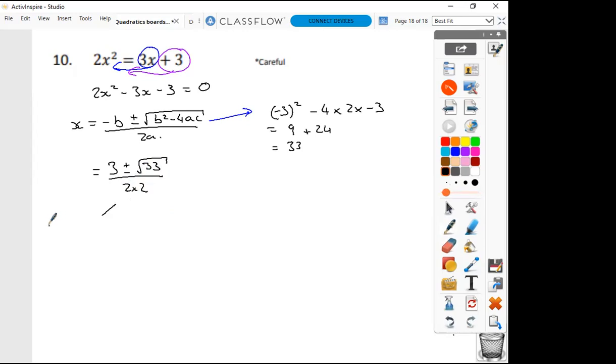Split that up. So x equals positive 3 plus root 33 over 4. Terribly drawn 4. Okay, we'll split the other one. The x equals 3 minus root 33 over 4. Putting that in my calculator.